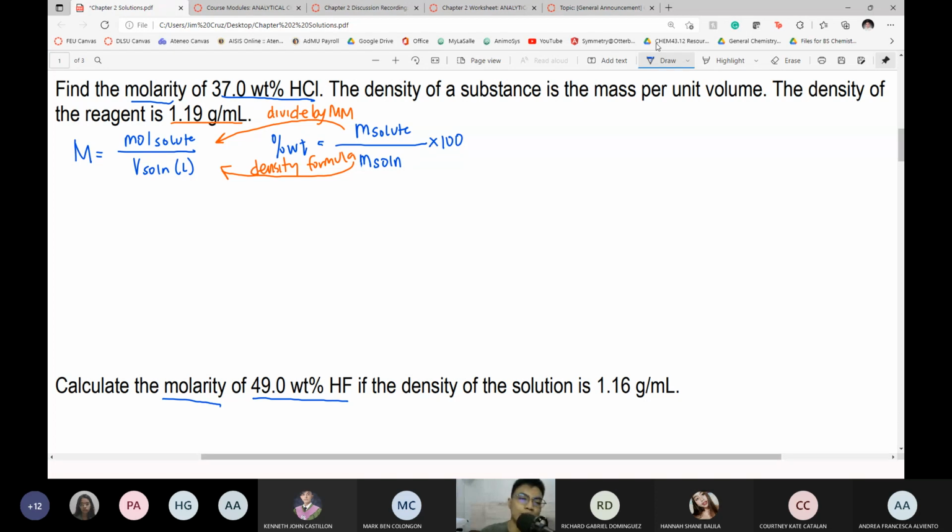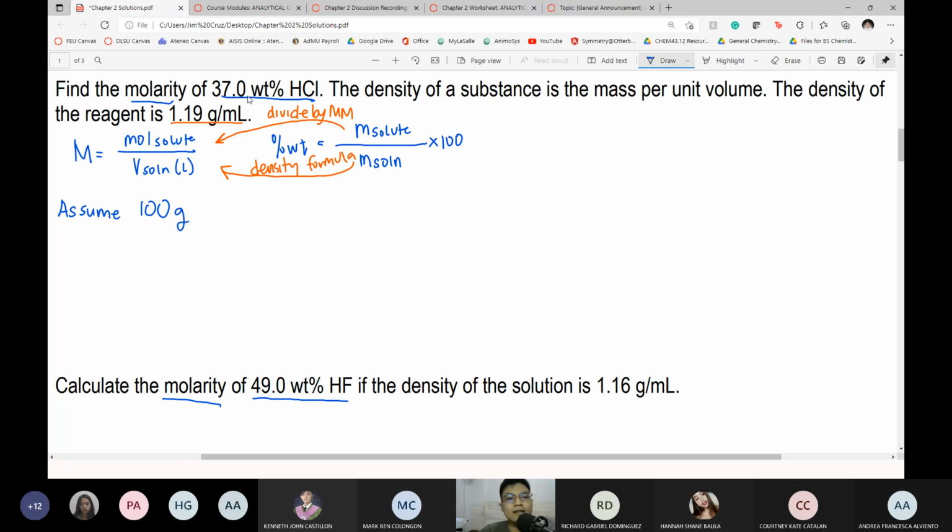And ano yung ina-assume natin? If that is percent weight, ano ina-assume natin? Di weight. Okay? So, ganun. If given ang percent weight, you have to assume weight. Okay? Weight ng alin? Ng solution. Let's suppose that our solution is 100 grams.